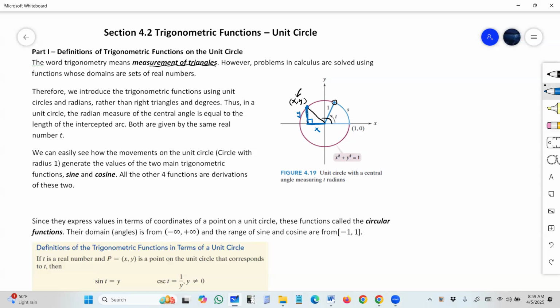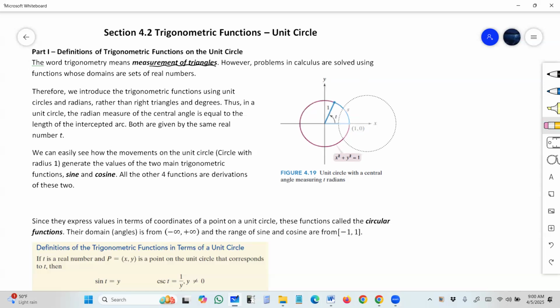So as this point moves along the unit circle, it creates a point, and that point has an X and Y coordinate. And the X and Y coordinate are the most important two trigonometric functions, which are sine and cosine.